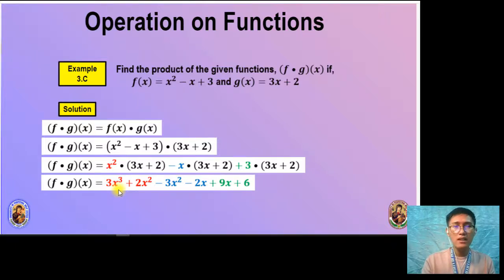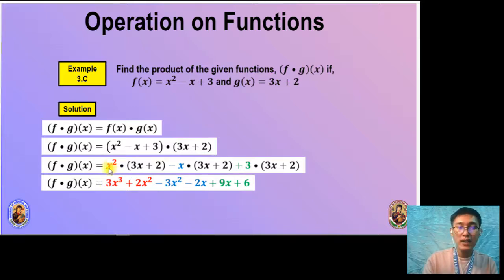According to the law of exponent, when we multiply the same variables with the same or different exponents, what you will do is you just add their exponent. Let's say here we have x squared and here we have 3x. The exponent here is 1, 3x raised to the first. So when we multiply them together, the rule says you just add the exponents. That would be 2 plus the exponent here, which is 1. We will get 3. That would be 3x cubed.